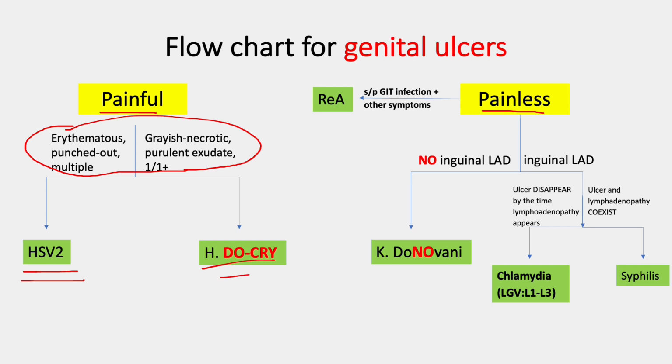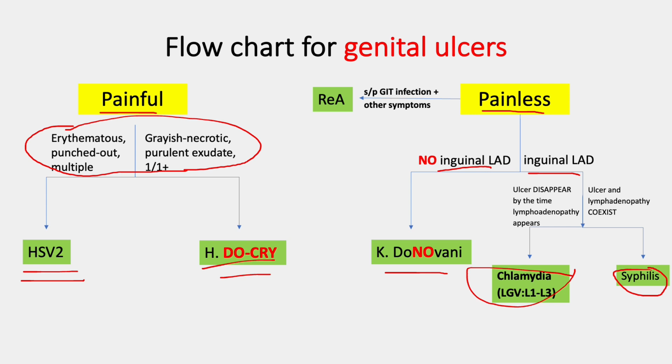Haemophilus ducreyi. Whereas for the painless ulcers, you have to consider the lymphadenopathy basically. So if there is no inguinal lymphadenopathy, it's more likely that it is Klebsiella granulomatis, whereas if there is inguinal lymphadenopathy, it's a differential between chlamydia and syphilis. In this case, you have to consider the characteristics of the lymphadenopathy once again.